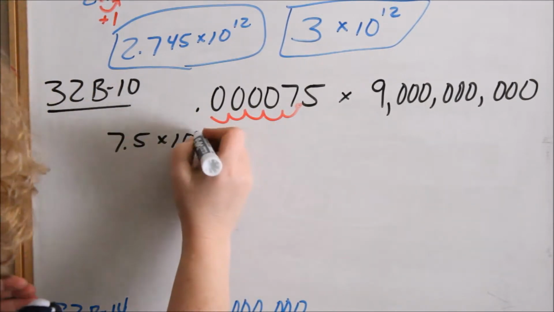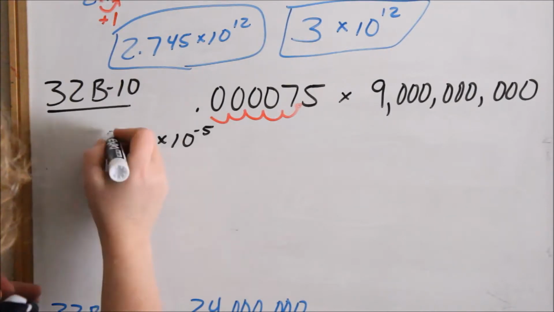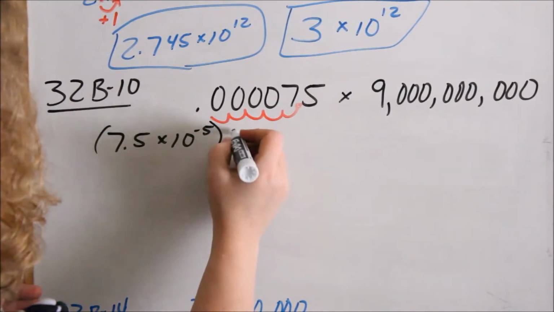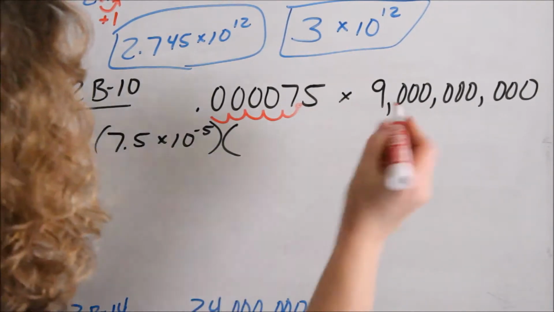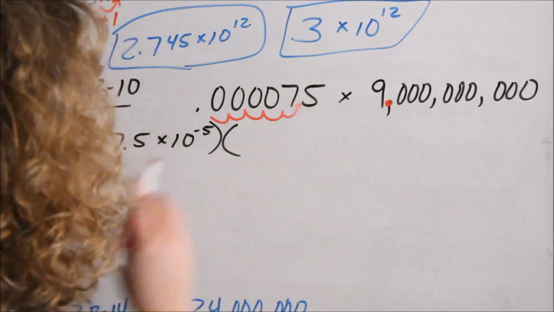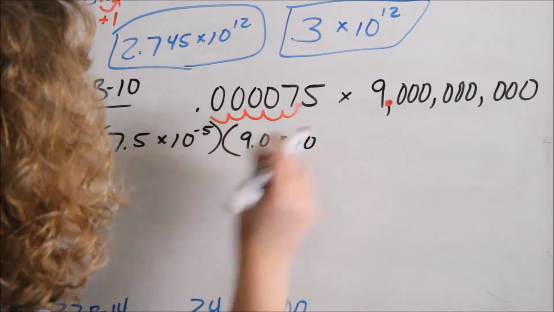So that would be 10 to the negative 5 because I moved to the left. That's my first number. And then I'm going to multiply it. So I'm multiplying by 9 billion. Put my decimal there. So it's going to be 9.0 or just 9.